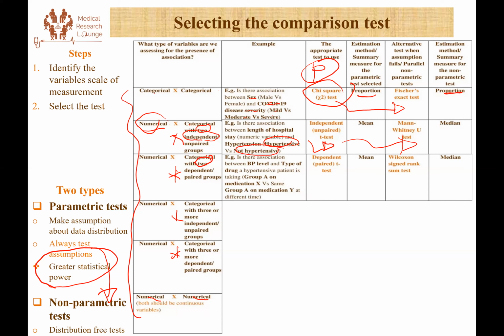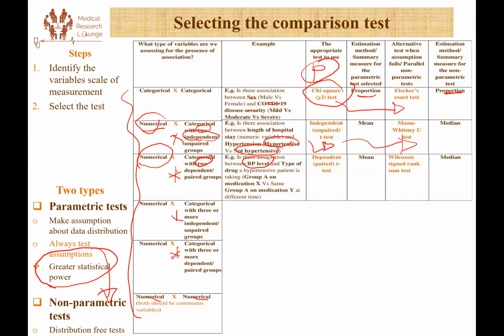We're talking about the same group of patients in different circumstances. We call that a dependent group, and the responses are two. In this example, we're trying to measure BP level, which is measured in numbers, so a numerical variable, with the type of drug the hypertensive patient is taking. So we have group A on medication X versus the same group A on medication Y.